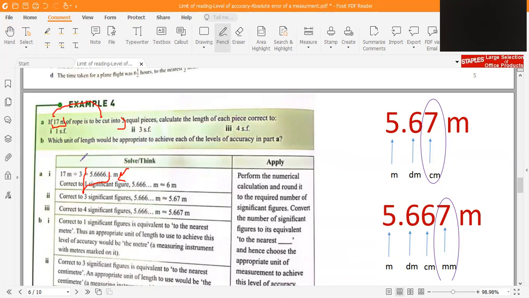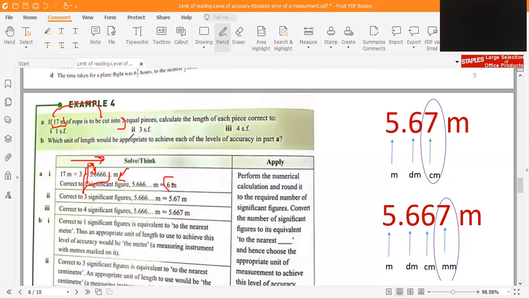For one significant figure, we count the significant figures from left to right, so 5 in the unit place. We compare the digit on the right: 6 is bigger than 5, so we add 1 to 5, we obtain 6, and we replace all the digits on the right by 0, so 6 meters.